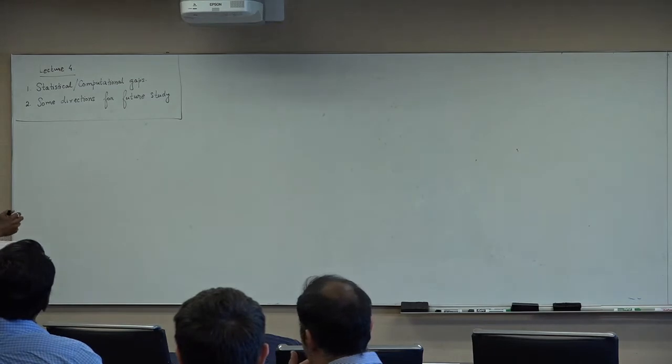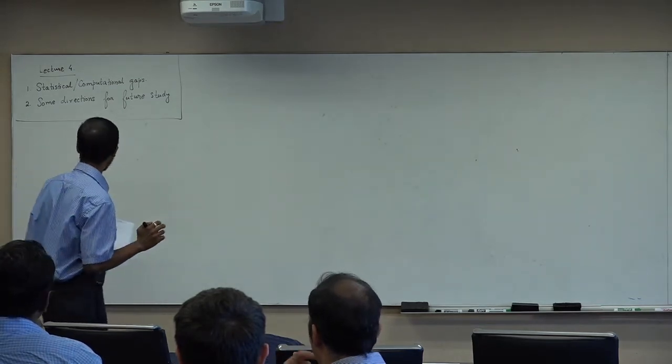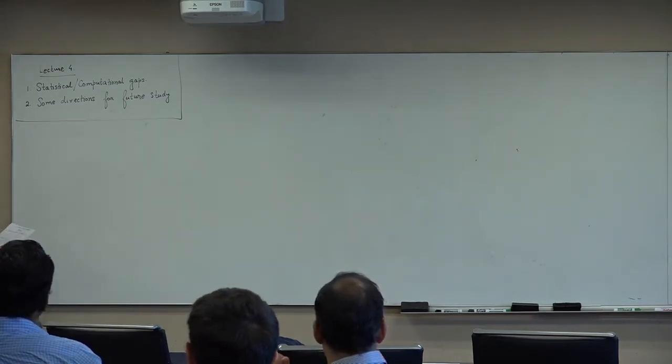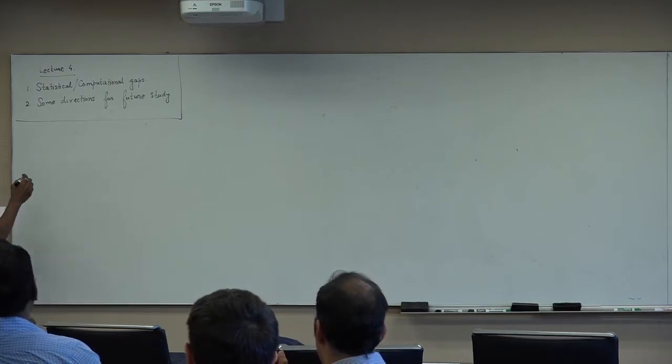Okay, so to give you a sense of what is involved here, let me start with another one of these spiked matrix problems because it's close to what we have been discussing so far, but I'll change the nature of the spike.